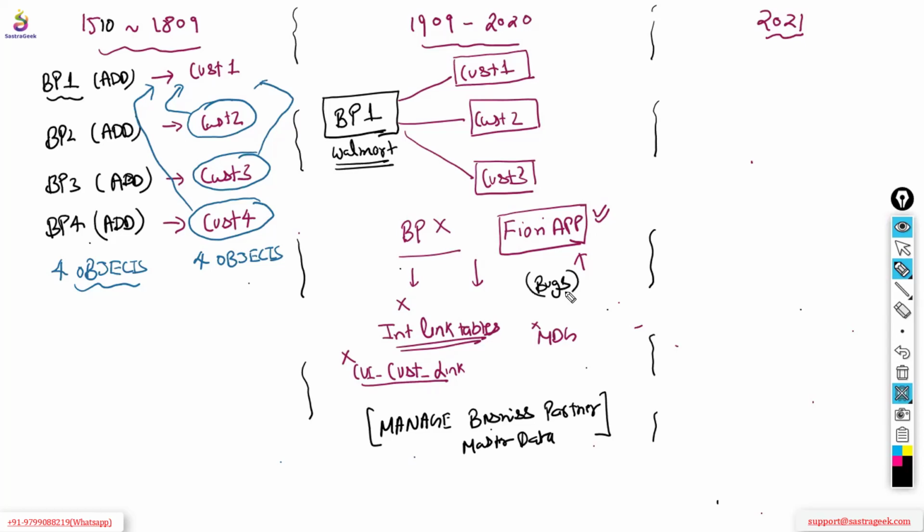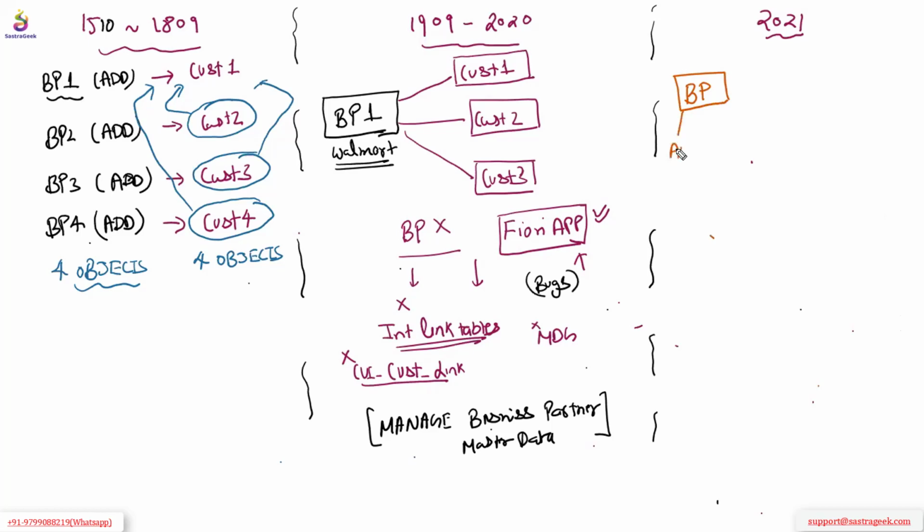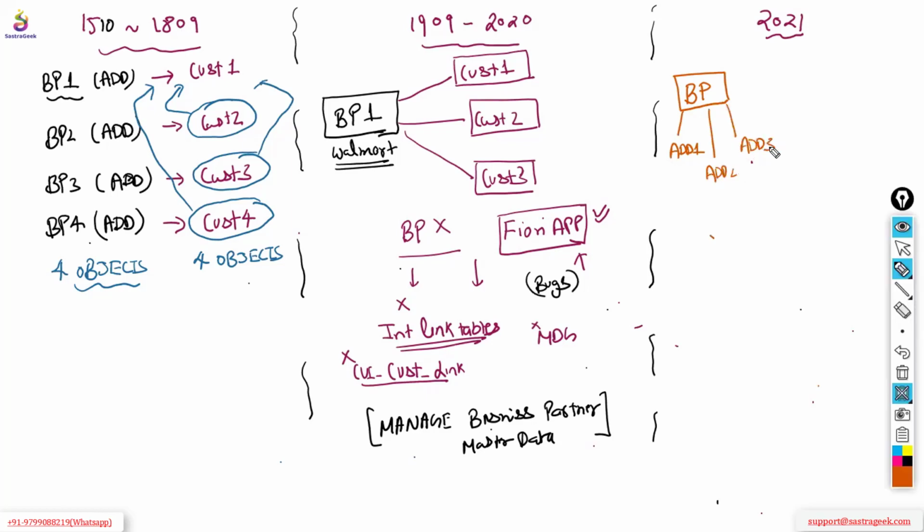Now, what change happened when we moved to 2021, the recent version? What SAP has provided now is the possibility that I can create a single business partner, and I would be creating it with multiple addresses: address 1, address 2, address 3.